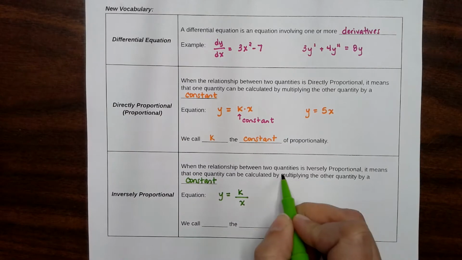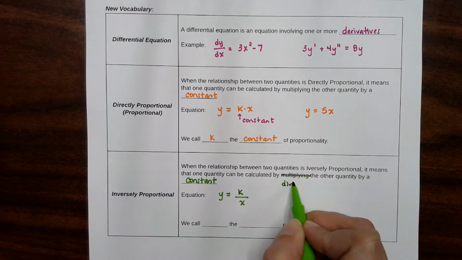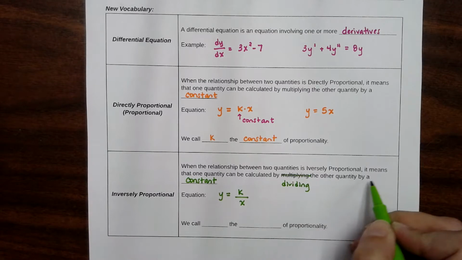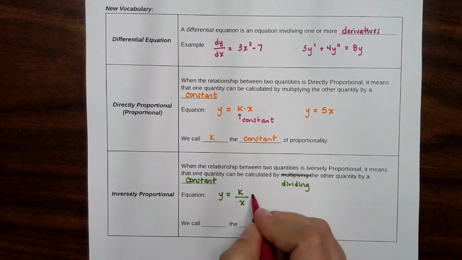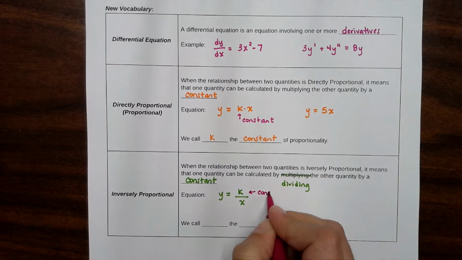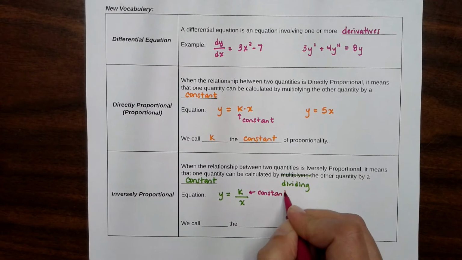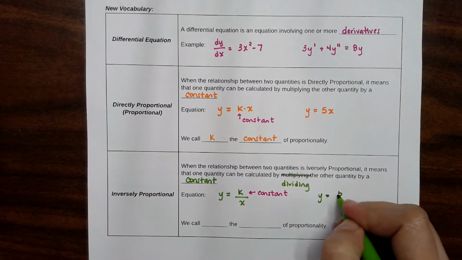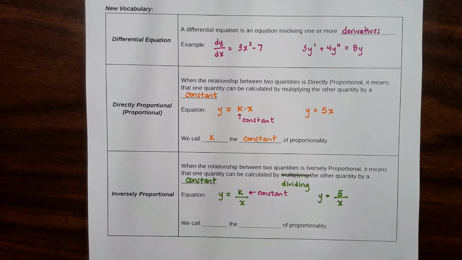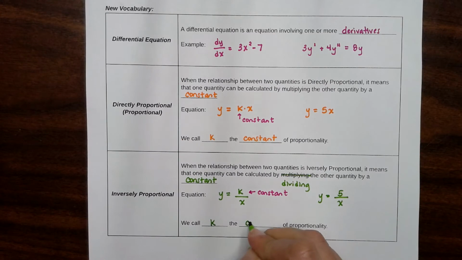So this should actually say dividing the other quantity with a constant. I apologize, that was a typo. In this example, k is still a constant. But instead of multiplying by k, we're setting up an equation where k is a numerator and x is in the denominator. An example would be y equals 5 divided by x. We still call k the constant of proportionality.